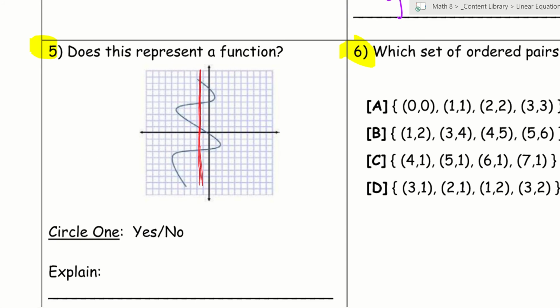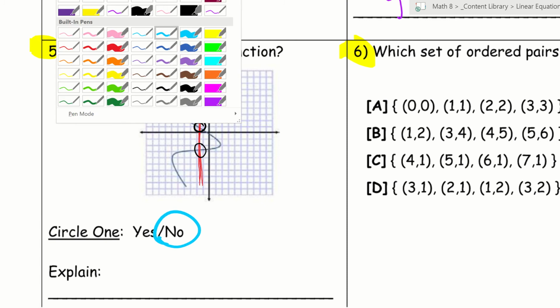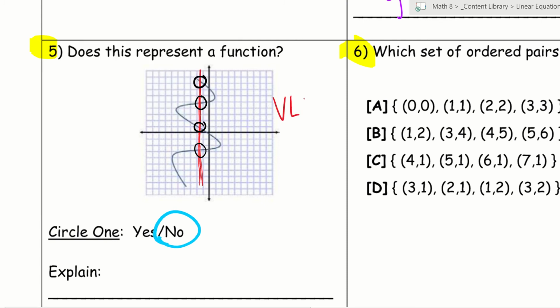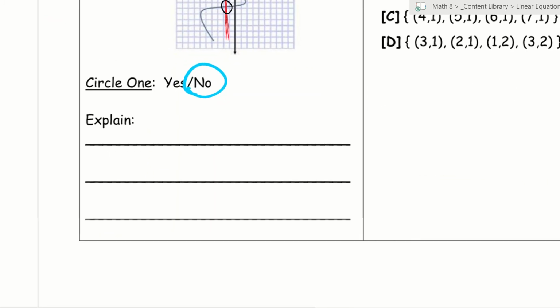If the graph of this relation crosses a vertical line more than once, and here it's crossing it 4 times, that means it is definitely not a function. Remember, this is called the vertical line test, and this one does not pass the vertical line test.